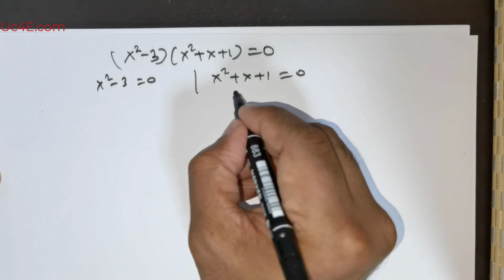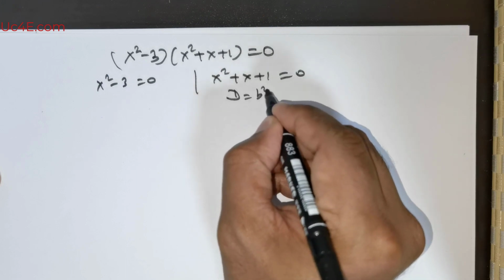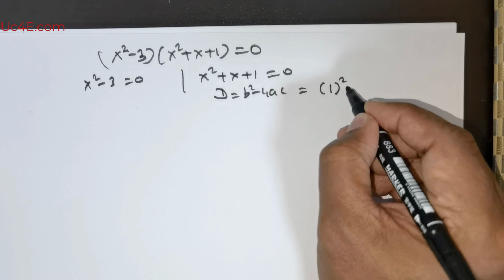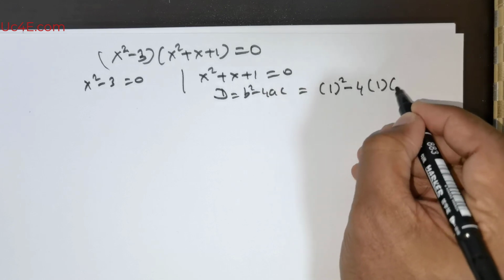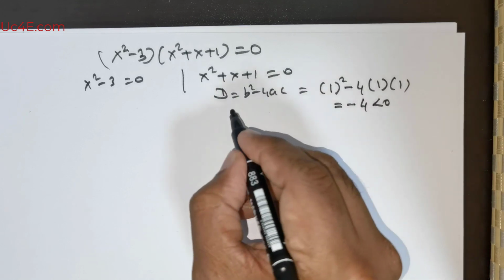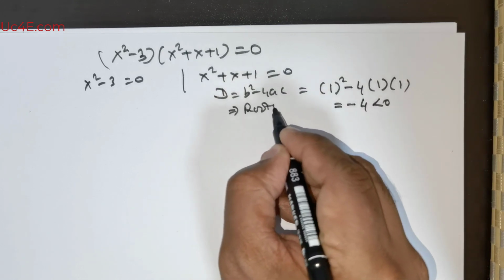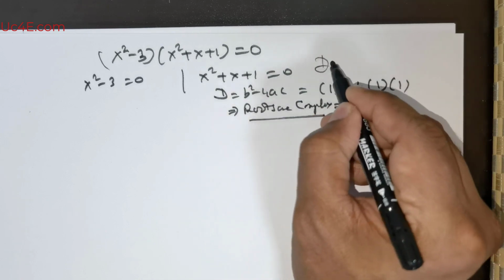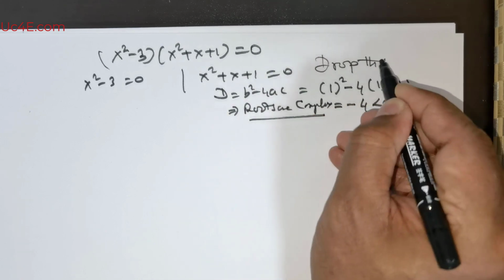Now if you were to check for the discriminant b squared minus 4ac, you can clearly see this is equal to 1 raised to the power of 2, minus 4 times a times c is 1, which is going to give us negative 4, less than 0. So therefore the roots are complex, and we don't want any complex roots, so we need to drop this, right?